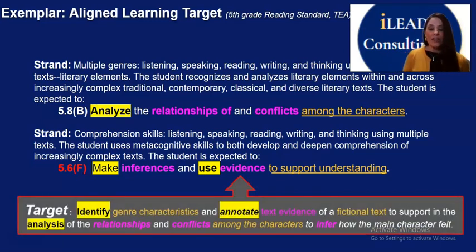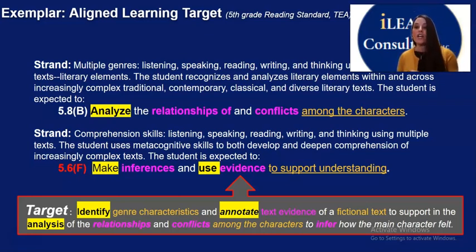So I want you to read the learning target that I've crafted. Identify genre characteristics and annotate what? Annotate text evidence of a what? A fictional text. Is that specific? Yes. The students know that they have to identify genre characteristics and annotate text evidence of a fictional text.